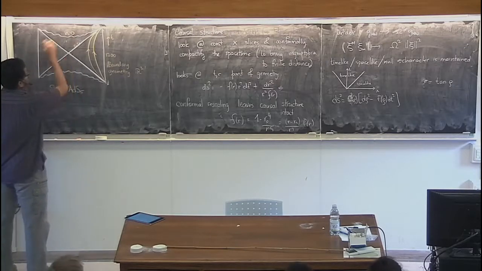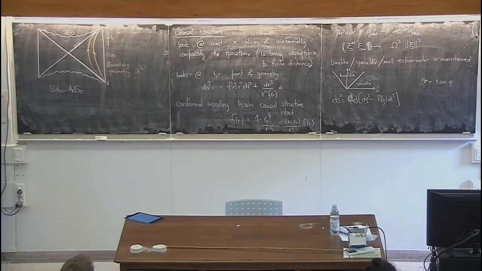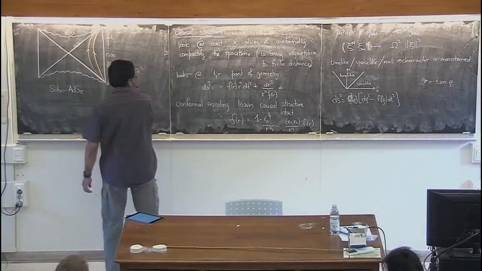If you want to describe the entire space-time, we have to pass on to some analog of the Kruskal coordinates for the entire space-time here. But you can find the Kruskal coordinates basically by doing the same tricks that you would do in flat space.